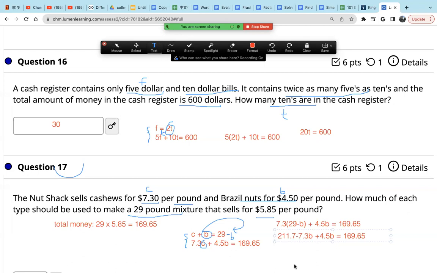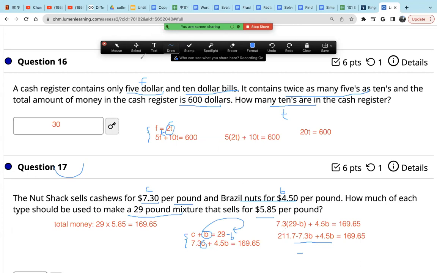So now let's combine like terms. We have negative 7.3B plus 4.5B. So what is 7.3 minus 4.5? That's 2.8.